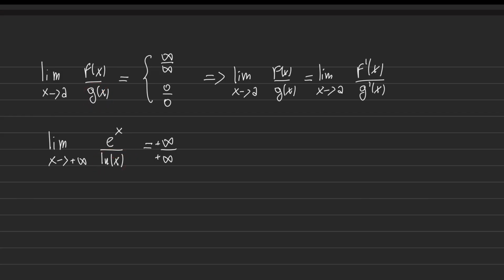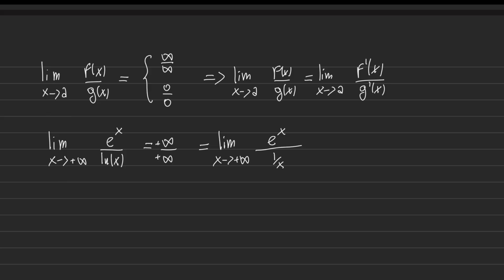And the function g of x will be the log of x. So what do we have to do? Well, this is equal to the limit as x goes to plus infinity of the derivative of e to the x, which is e to the x, divided by the derivative of the log of x, which is 1 over x.